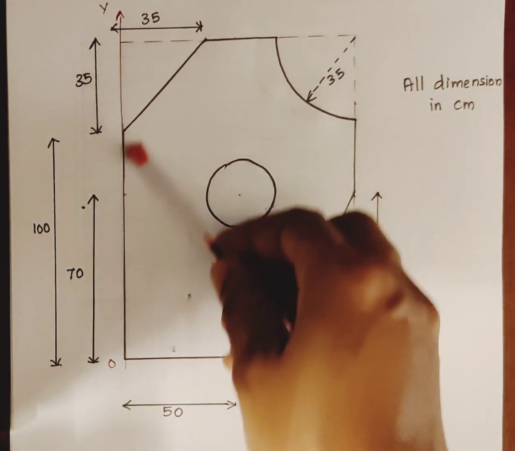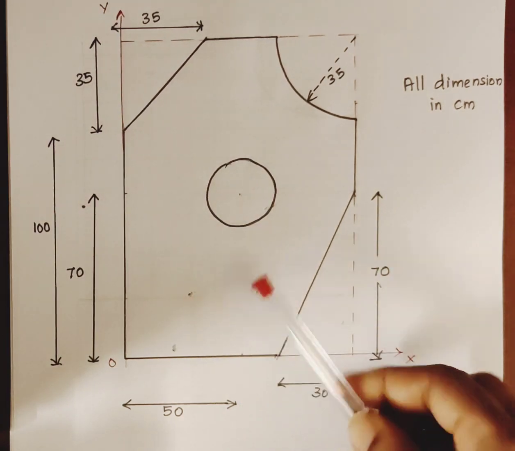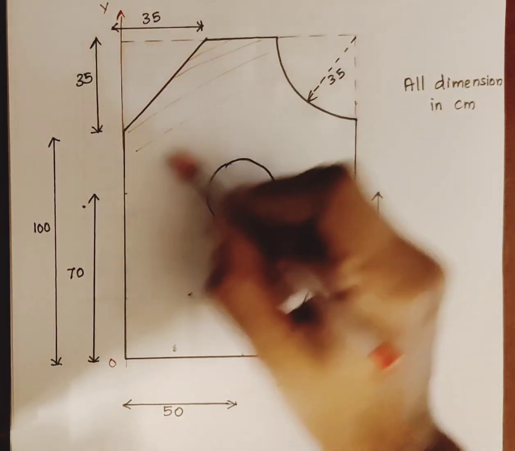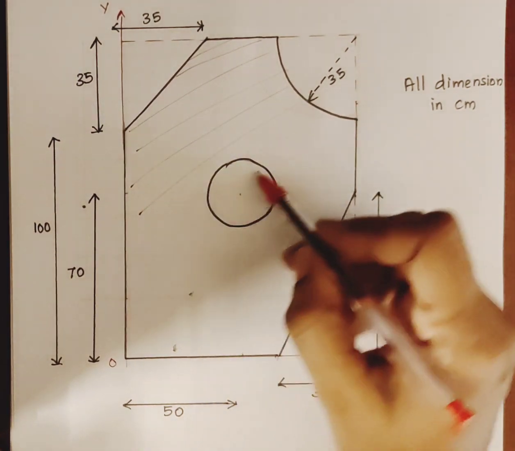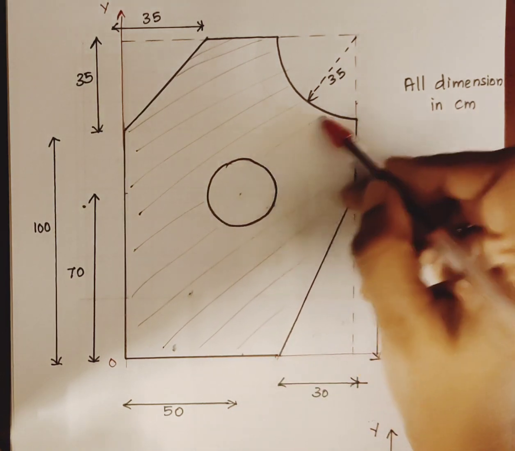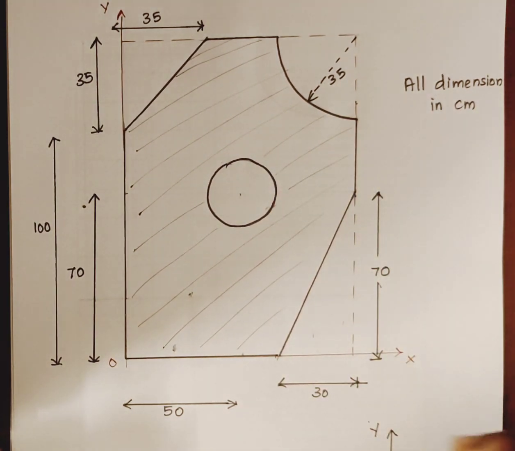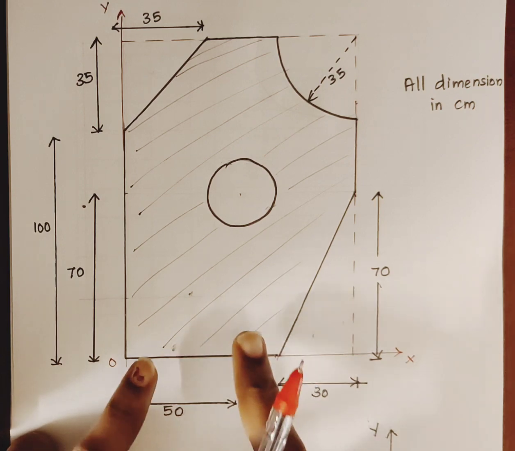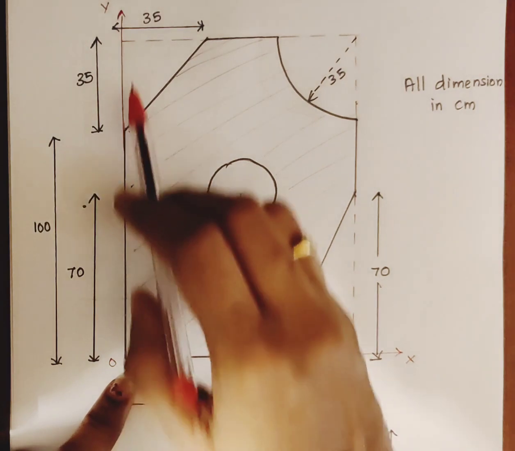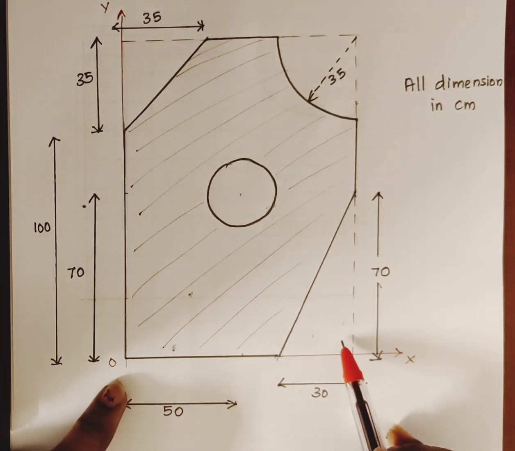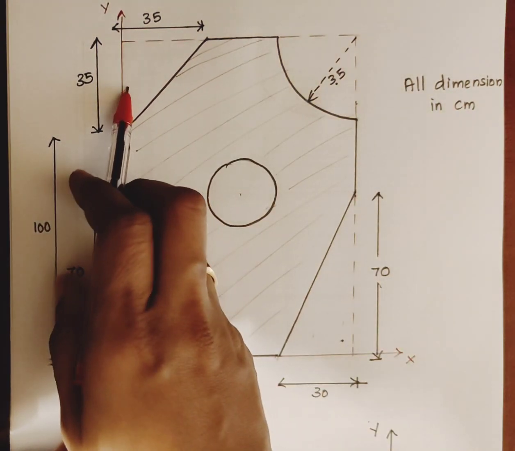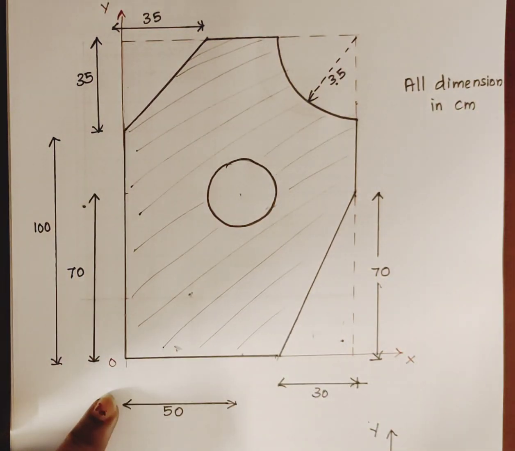So here you have to calculate the centroid of this shaded portion. In order to calculate it, from this rectangle you have to deduct this triangle, this quadrant, then again this triangle and the circle.